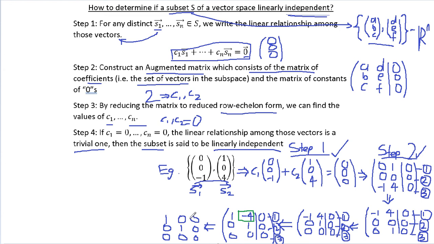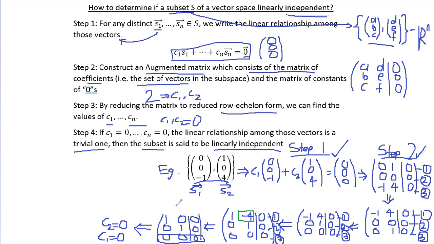So now we have got this form. From here, we can see that the last equation is redundant. It is consistent and yet redundant, so we can ignore this. Now we can see that C2 equals 0 and C1 equals 0.